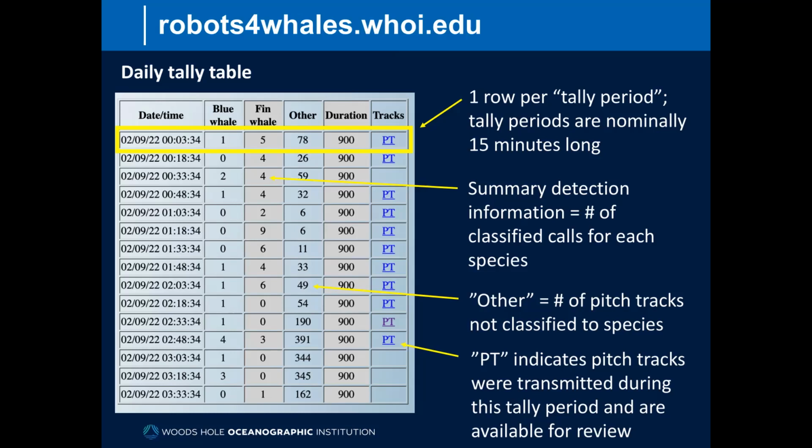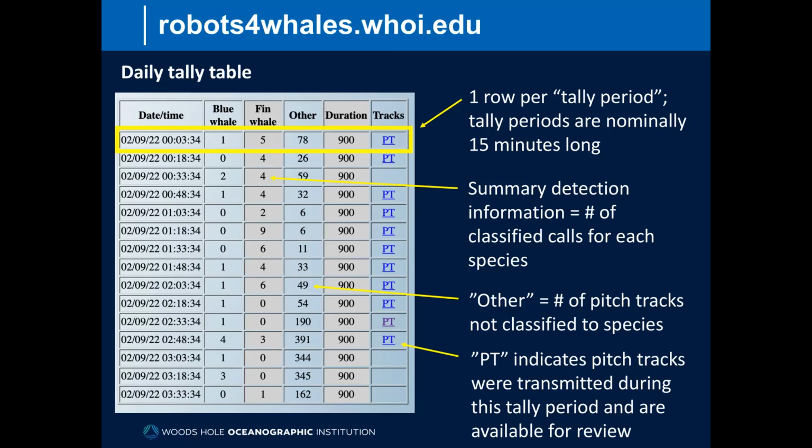If humpbacks are calling, they don't get classified, but you can see them in the pitch tracks. Julianne will show you some examples of those. You might get a high number of others for that. Also, if there's some noisy thing going on, you might get lots of other pitch tracks. So we use that sometimes as a metric of how well we're monitoring.